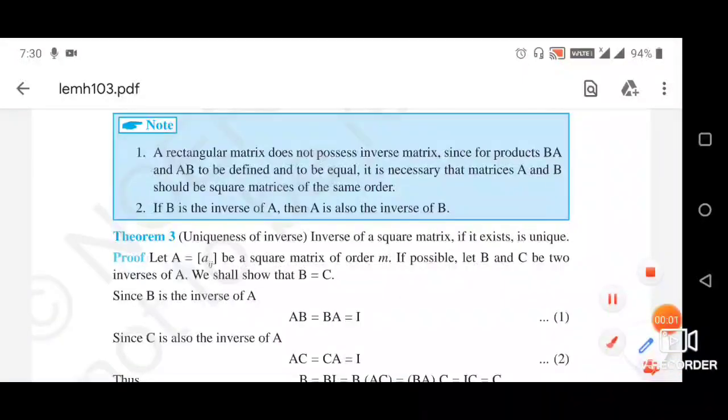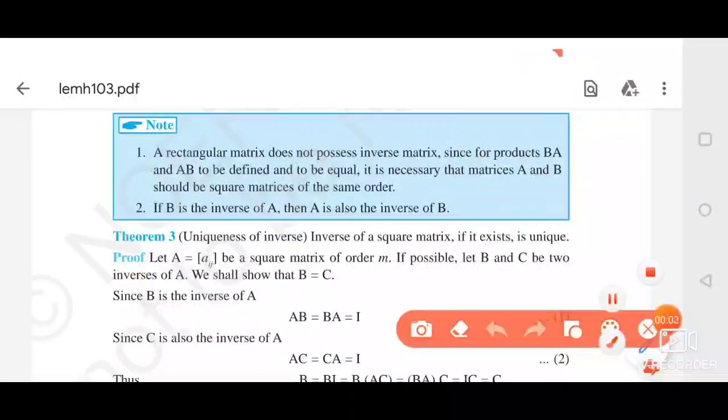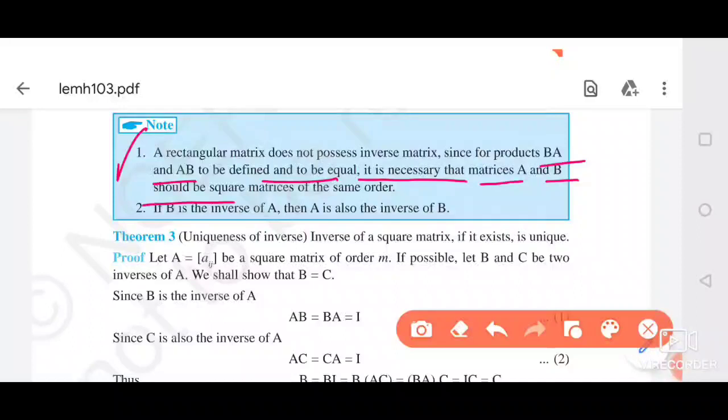So a note is given. The first one is: a rectangular matrix does not possess an inverse matrix, since for products BA and AB to be defined and to be equal, it is necessary that matrices A and B should be square matrices of the same order.